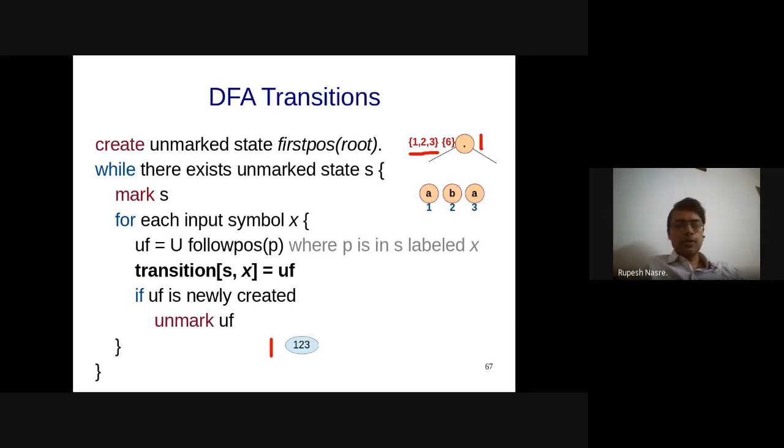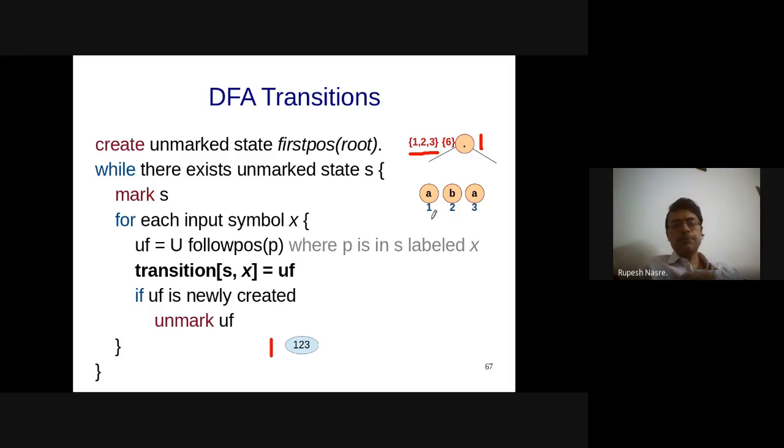So I'm going to have 1, 2, 3 represent the nodes A, B, and A in our syntax tree. Position 1 was A, position 2 was B, position 3 was A. That was the label of that particular node in our syntax tree from our previous slide. So for 1, 2, 3, I am going to mark a followpos for the input symbol.